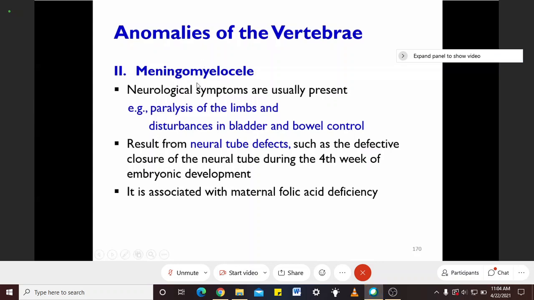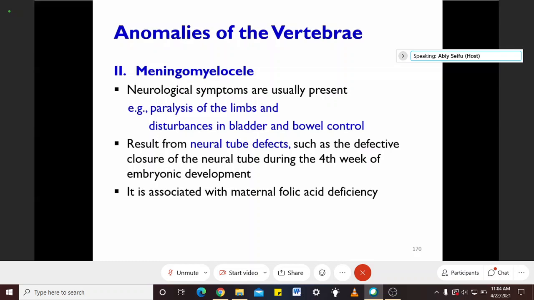Therefore, those defects are highly associated with deficiency of folic acid, so pregnant women are diagnosed for their levels of folic acid, and they get a food supplement for proper fusion of the vertebral arch.